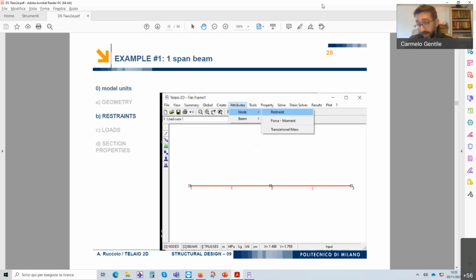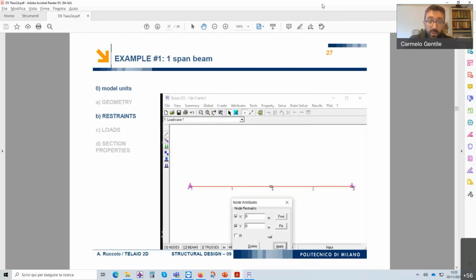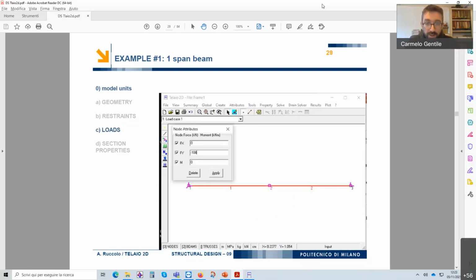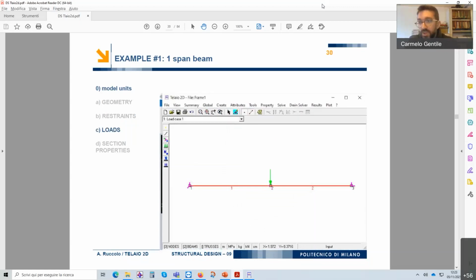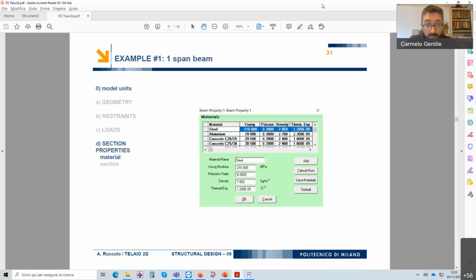Then we have discussed the attributes of the nodes, talking about restraints and forces applied. First of all, we have seen how to check if the restraints are correct, and then the load applied, how to check the direction of the load applied, simply checking the results of the arrow that pops up.